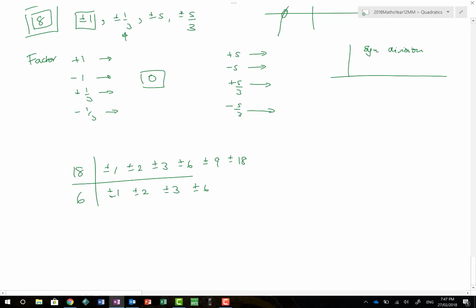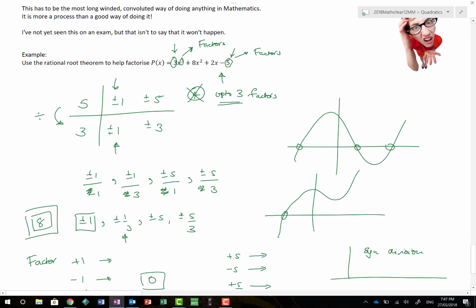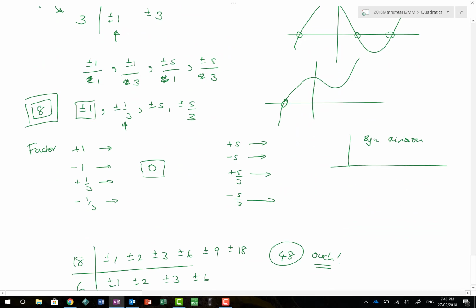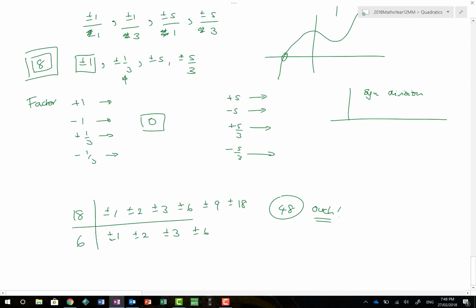You now divide, so that's, you're going to end up with 1, 2, 3, 4, 8, 12, 16, 20, 24. You will end up with 48 different solutions. Ouch. Fingers crossed if this ever came up in an exam, and I can't imagine for the life of me it will, that you get something drop out really, really quickly.